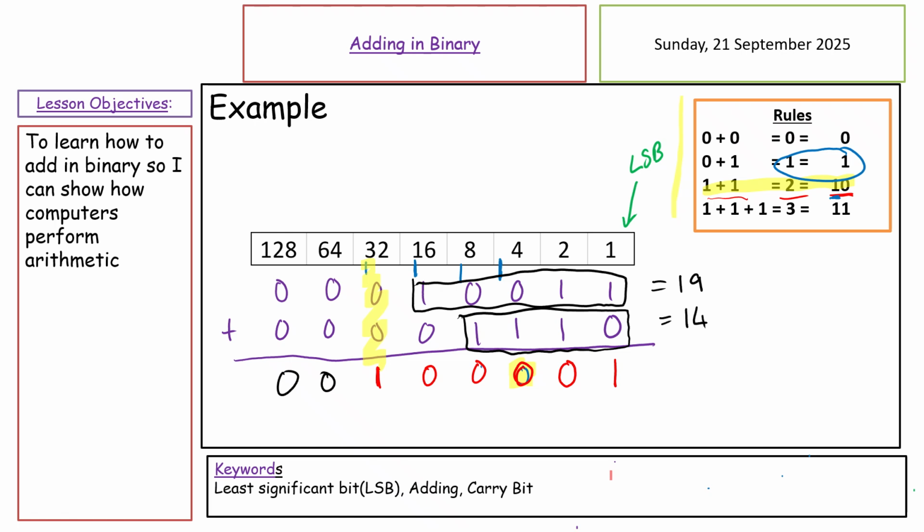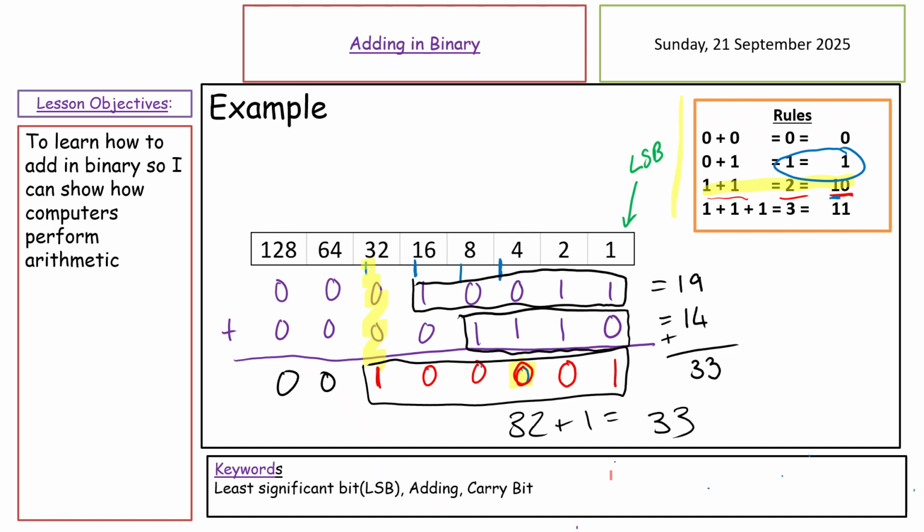So if I add those together in normal maths, what I end up with is 33. And if I look now at this number here, that equals 32 is on, plus 1 is on, which equals 33. So my answer is correct.